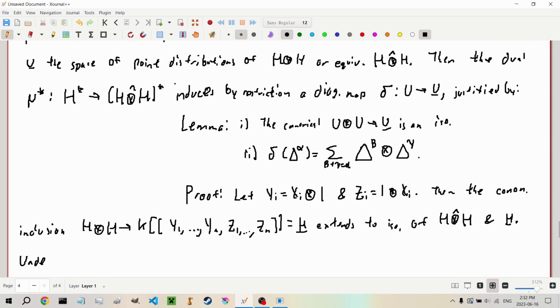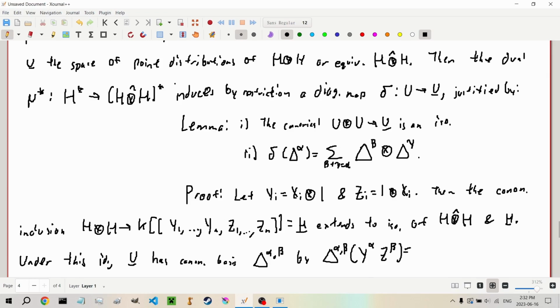Under this identification, U underline has a canonical basis delta of alpha beta, defined by delta of alpha beta on y to the a and z to the b, and of course we need alpha to match up with a and we need beta to match up with b.